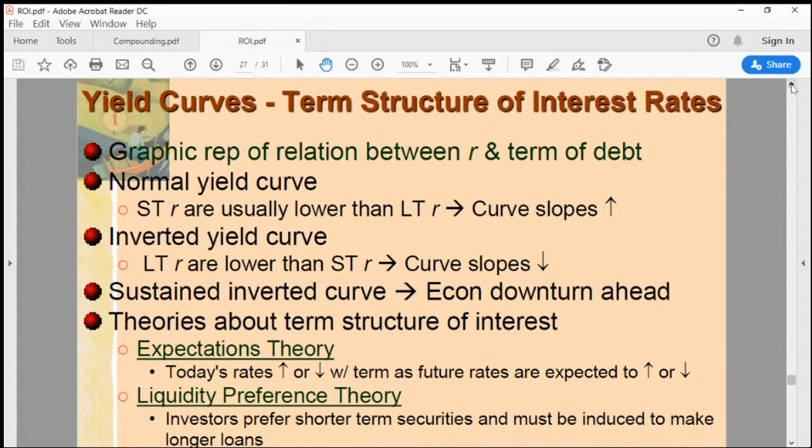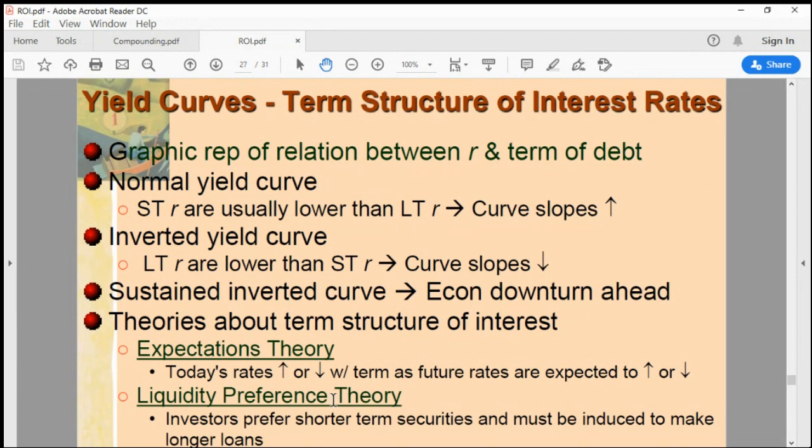I've been telling you, when we say interest rate, they all mean annualized interest rates. So the annualized interest rate on a 10-year bond must be greater than on a 1-year bond, otherwise, to compensate for the more uncertainty associated with the longer term.